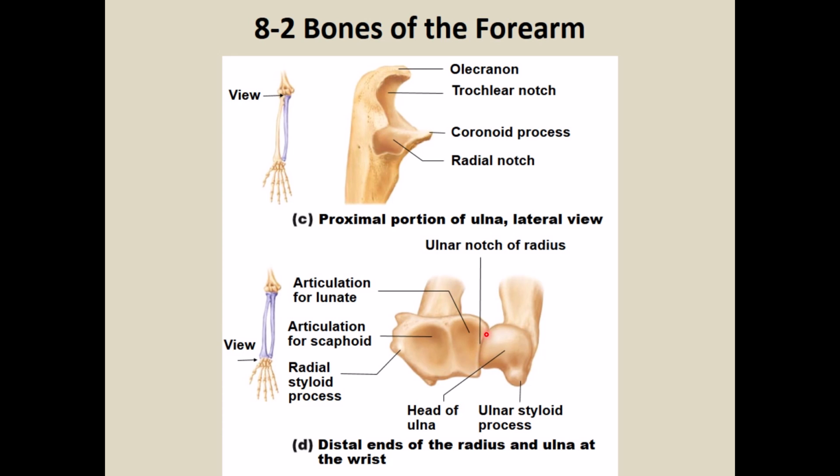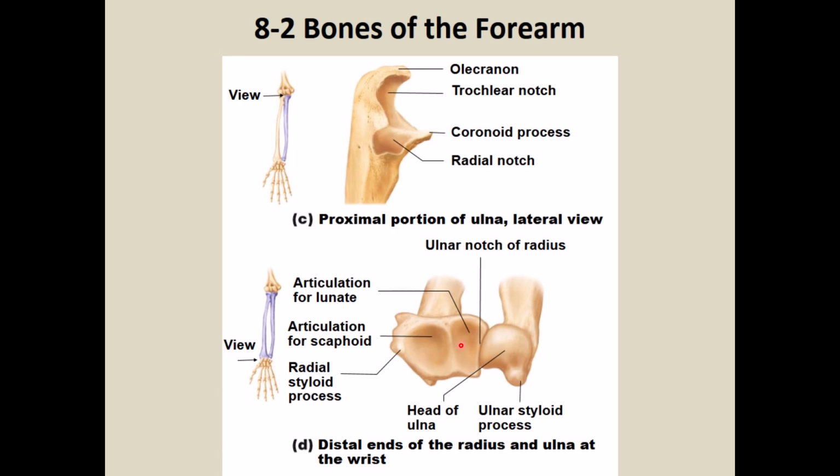Okay, so this is a depression in the radius, but that depression is because of the head of the ulna. Both of them together make the radio-ulnar joint. But if you talk about this area only in the radius, that is called the ulnar notch because of the head of the ulna making that depression.